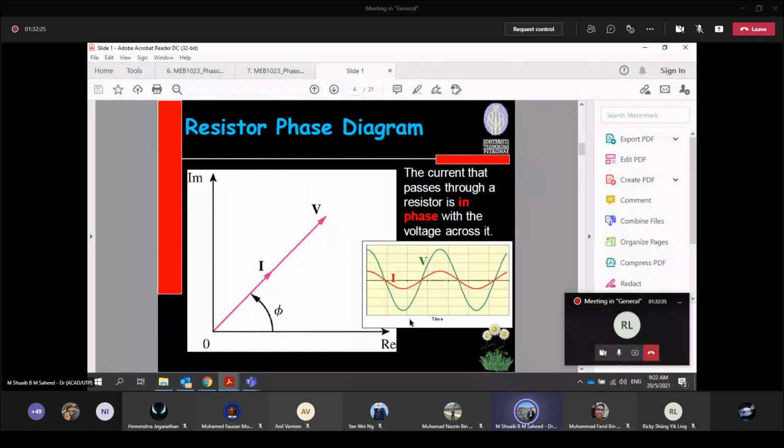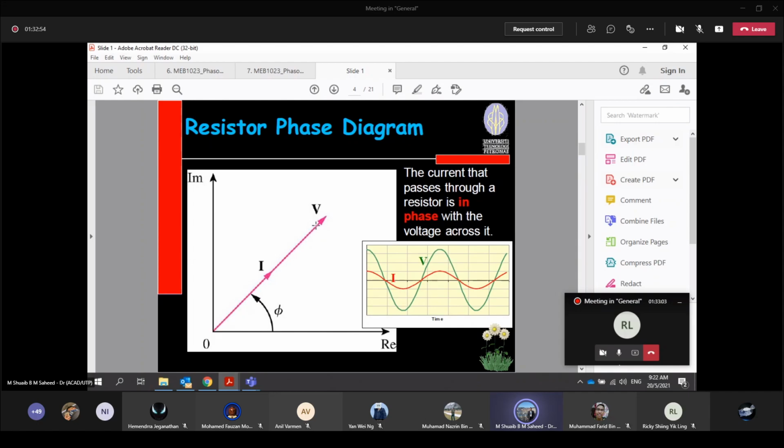So when they are in phase, if you are going to draw the phasor diagram for a resistor, you usually draw the V and I overlapping each other. This will be the point that you are taking, either at this point, what's the value, or at this point, or any point.